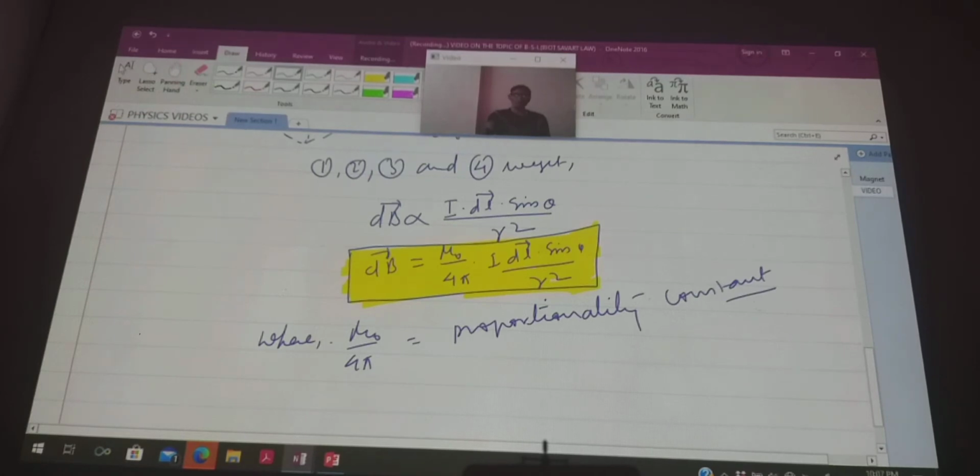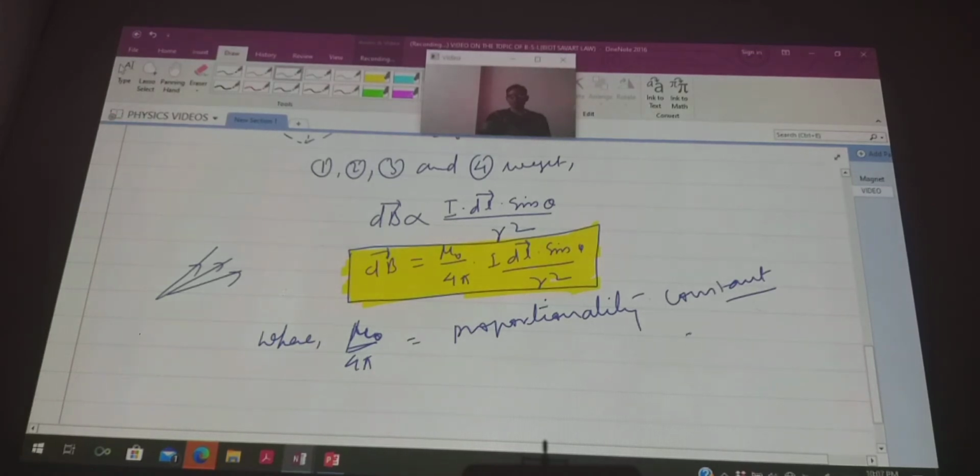We know that when the magnetic field is produced around the conductor, there will be the permeability, and here permeability is represented by mu naught, and 4 pi.